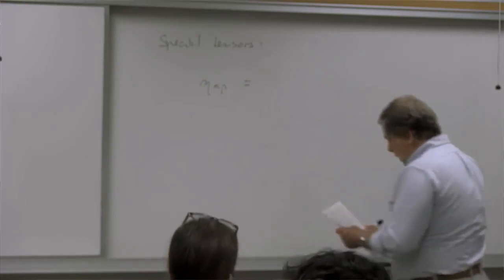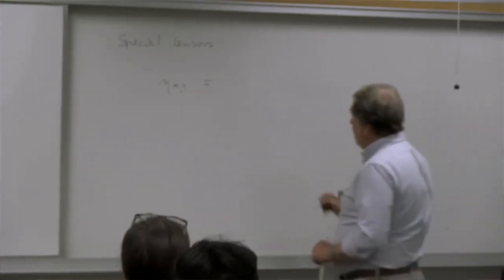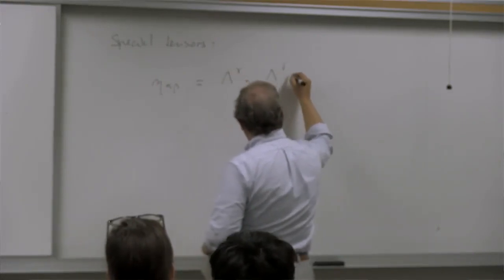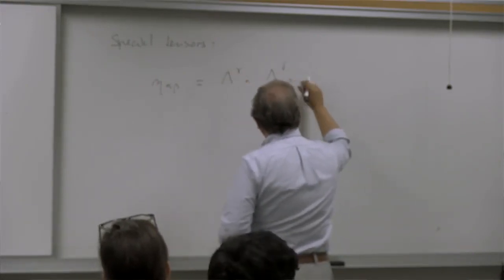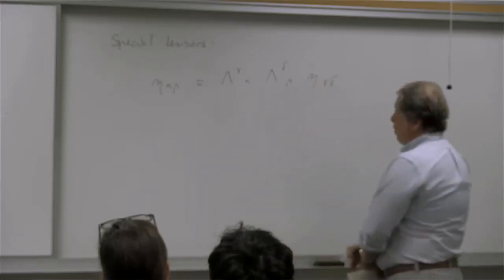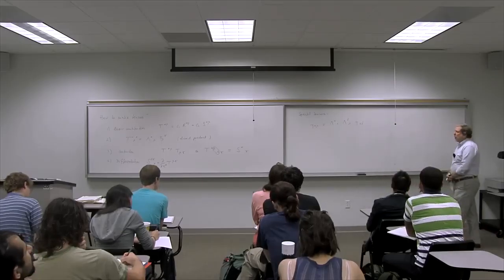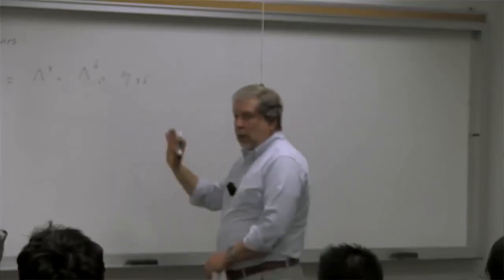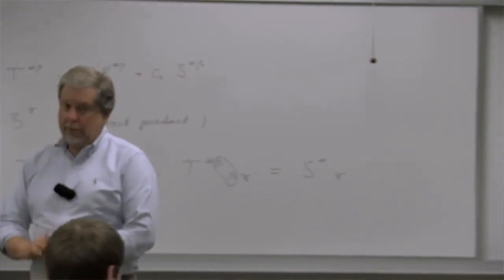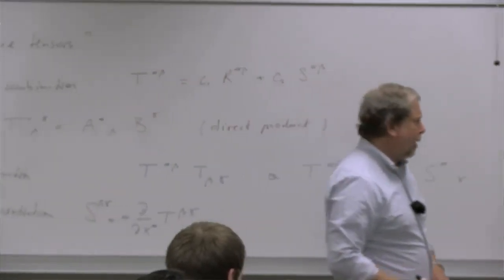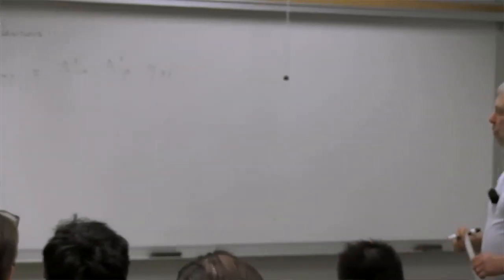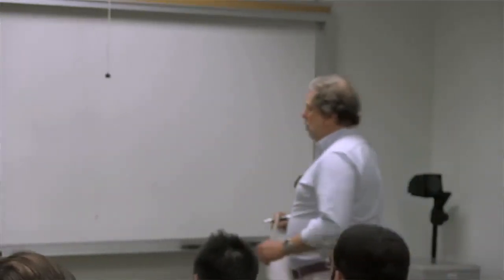Now you remember that this has the property that lambda gamma alpha, lambda delta beta times eta gamma delta equals eta alpha beta; this relationship is true. We saw that in the second lecture. This was kind of the statement that the lambdas are orthogonal transformations if we were in Euclidean space, that lambda times lambda transpose is equal to 1. So this is the corresponding statement for a Lorentz transformation.